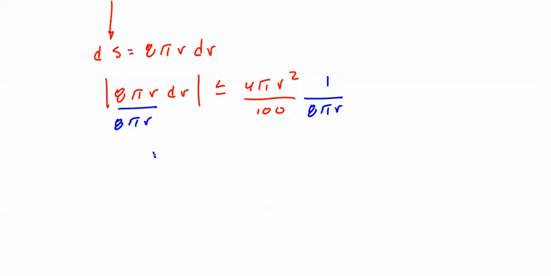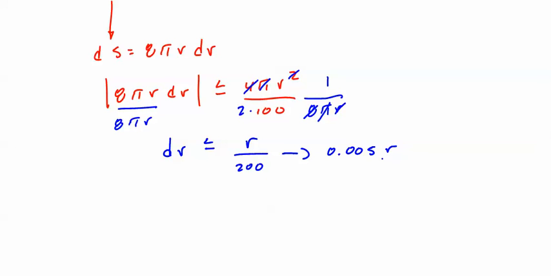We get dr less than or equal to pi over 2 times r over 200, which is approximately 0.005 r. So we should measure r with no more than 0.5% error.